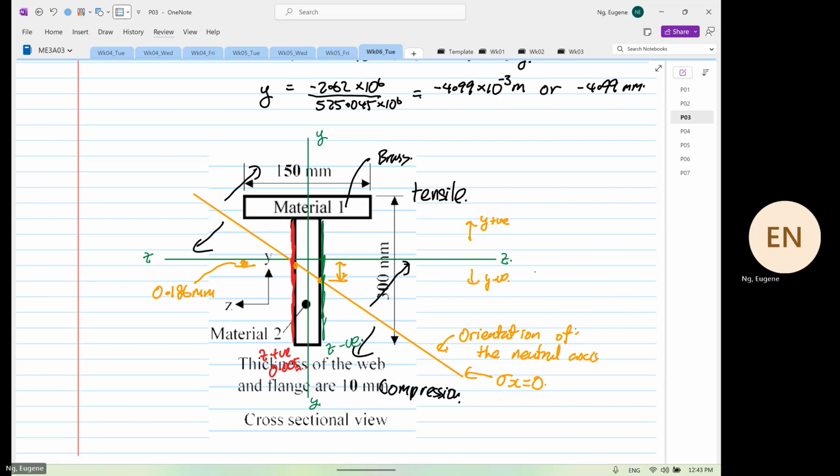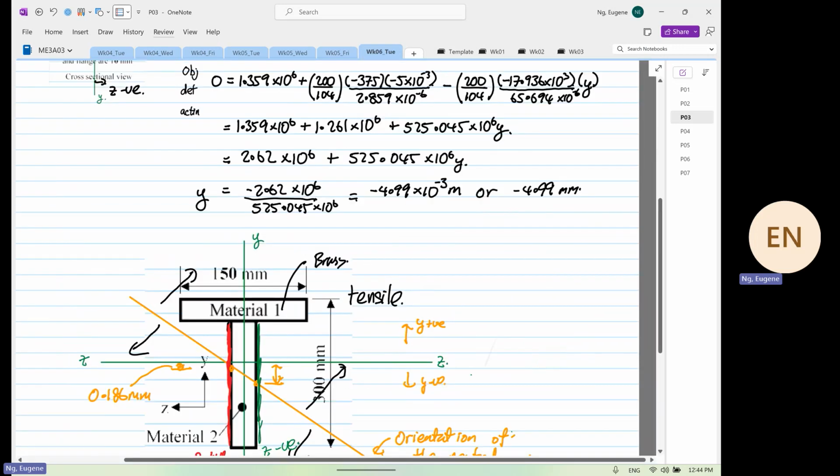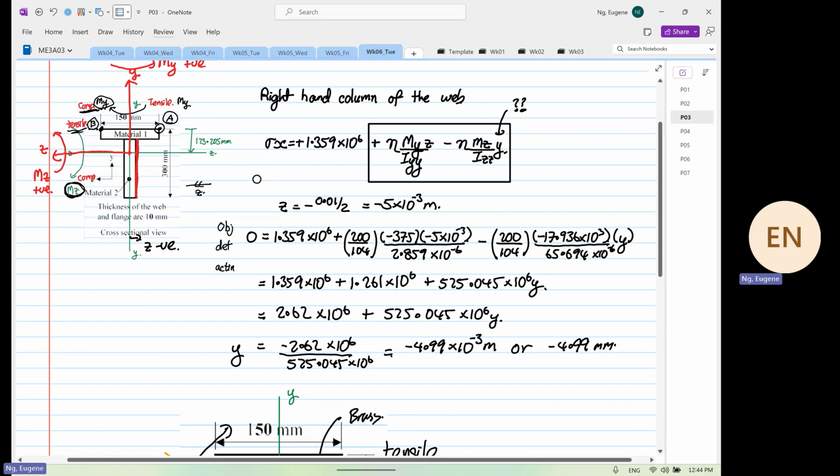Negative. That's all. That is a coordinate system. Because we know the red line will lie at a position of the neutral axis. The green line also, but exactly where we don't know until we substitute into this equation over here. Until we use this equation over here.